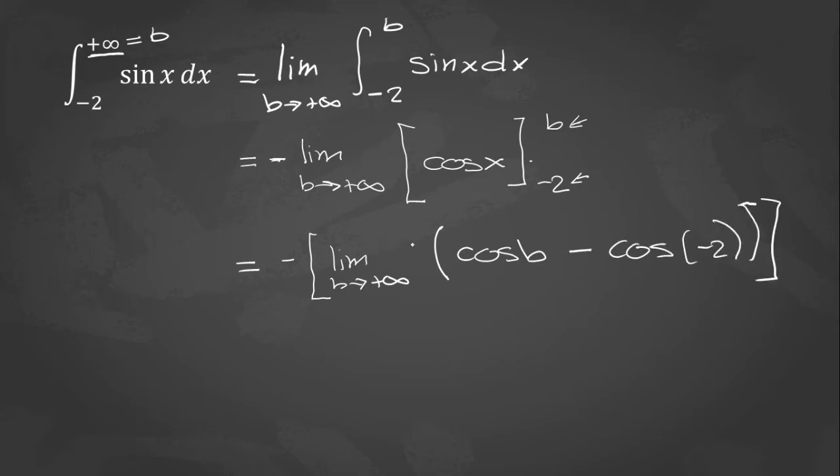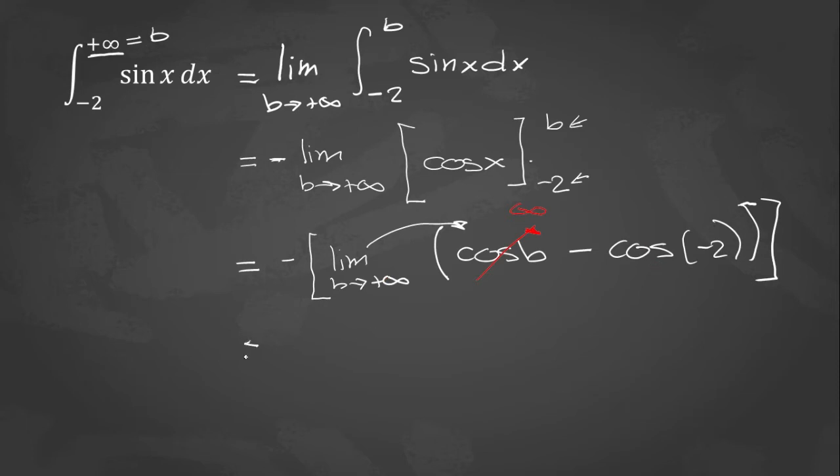So applying the limits in each term, the limit of cosine b as b approaches positive infinity will not result in a finite value. And the limit of a constant is still a constant.